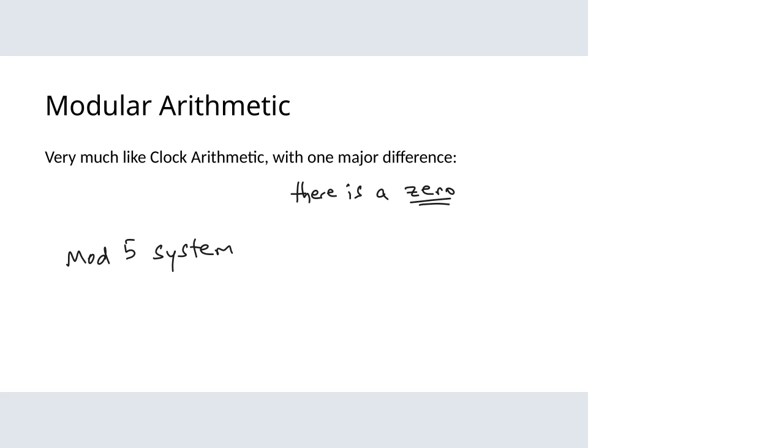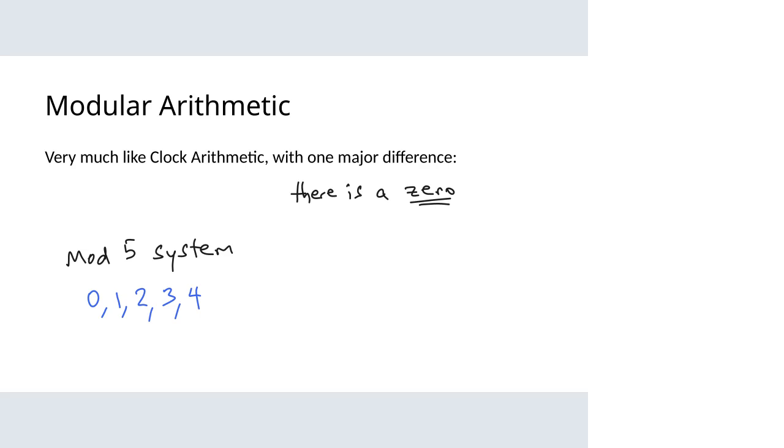Instead, the mod 5 system would be made up of 0, 1, 2, 3, and 4. There's not going to be a 5 in the mod 5 system. And if you're thinking, well, why would you call it mod 5 if there's no 5? That's reasonable. We call it mod 5 because it has 5 digits, 0, 1, 2, 3, and 4.